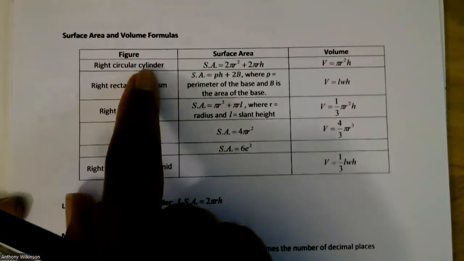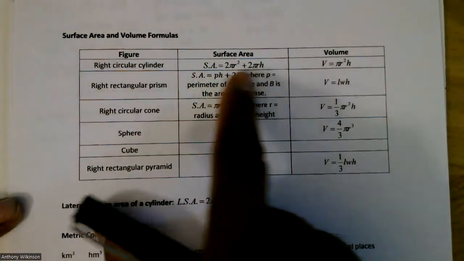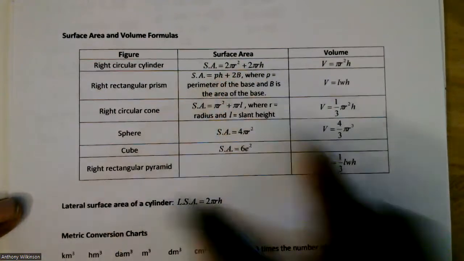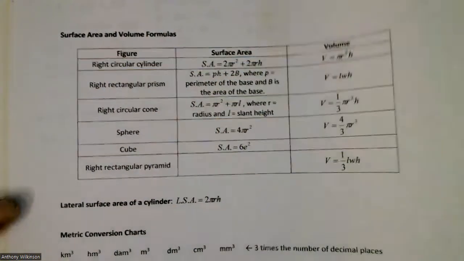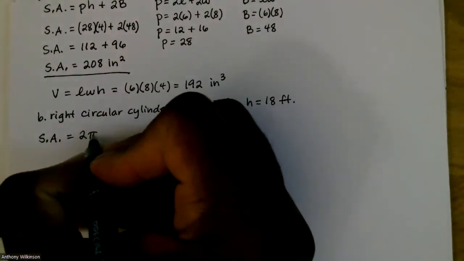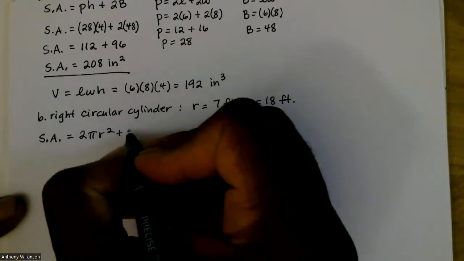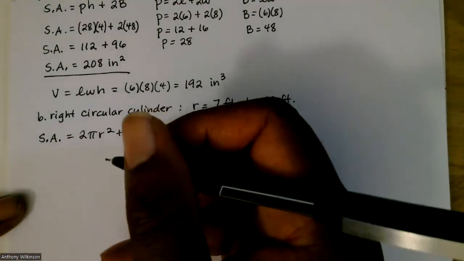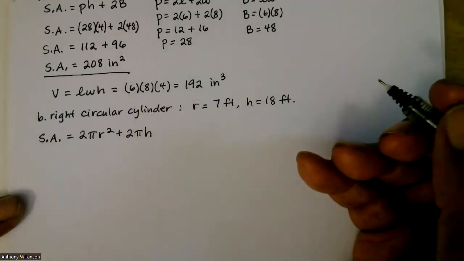Here we go. The right circular cylinder, here's the formula for the surface area. 2 pi r squared plus 2 pi rh. And here you're told to leave the answer in terms of pi, by the way.